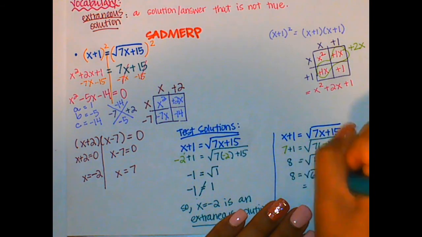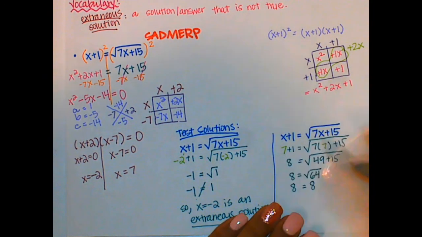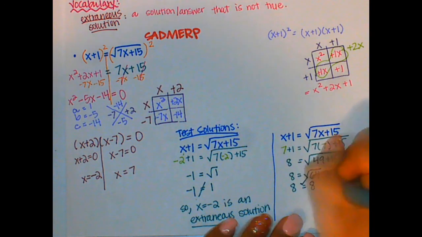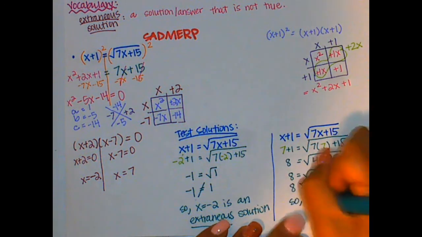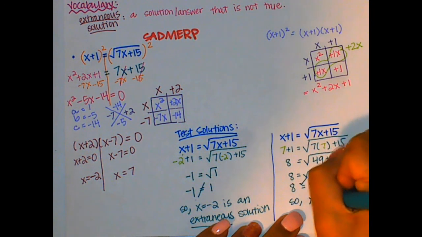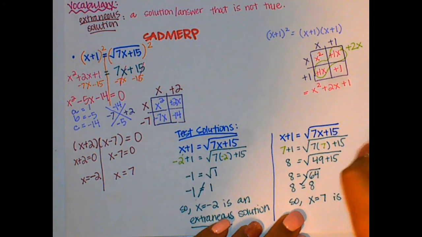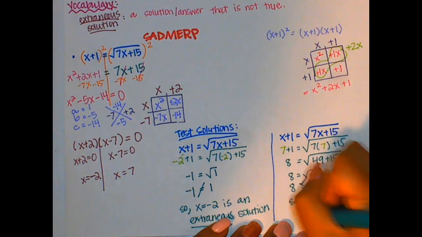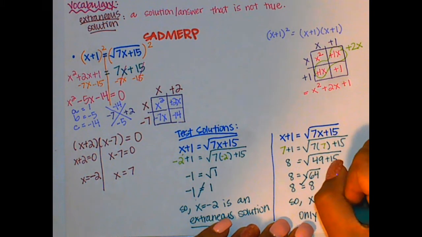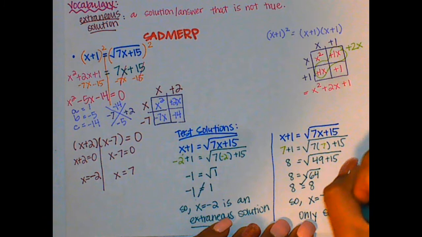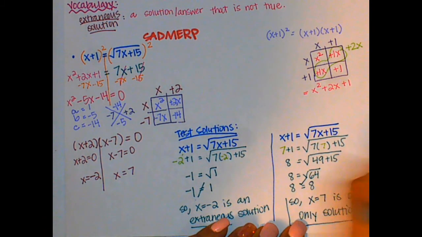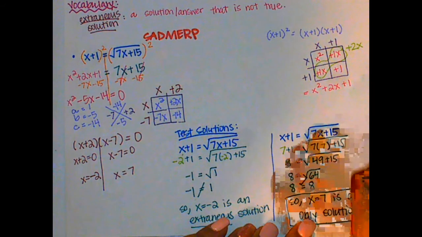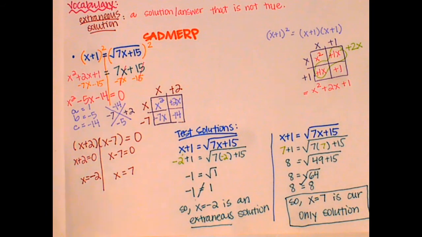The square root of 64 is 8. Does 8 equal 8? Yes. So x is equal to 7 is our only real solution. And our final answer.